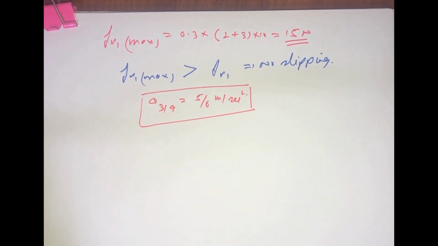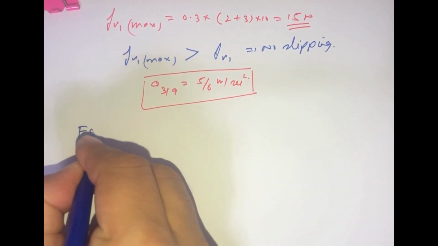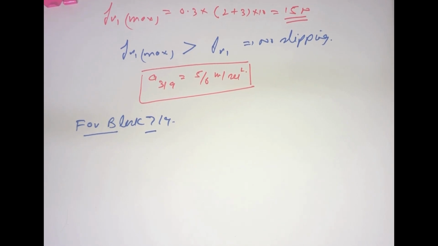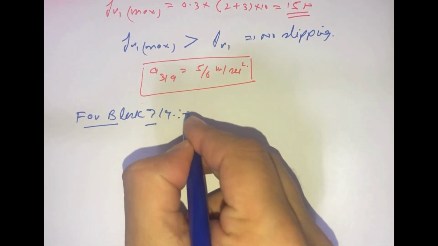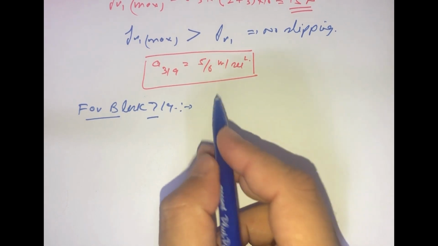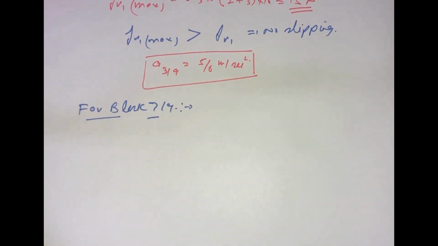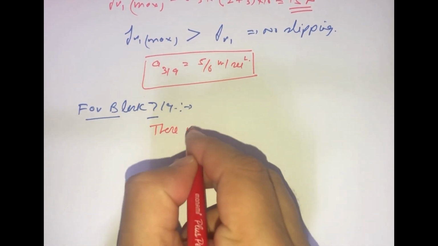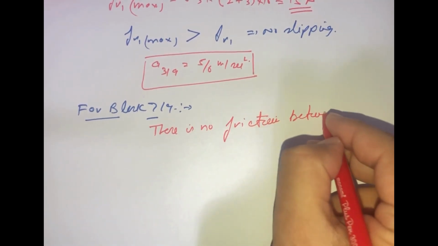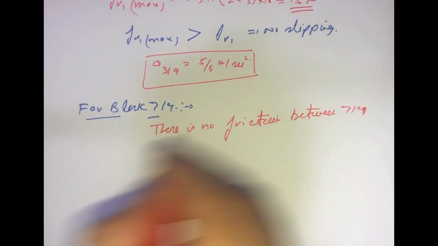Now last is for block 7 kg. In case of this 7 kg, we can clearly see that there is no friction between 7 kg and ground.